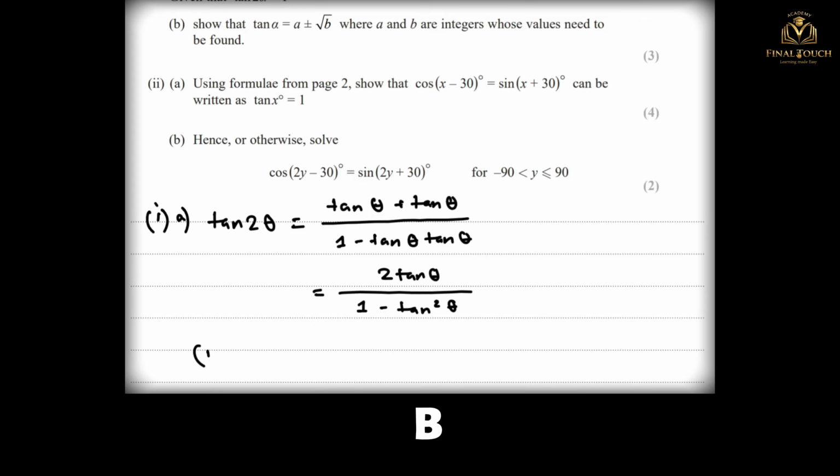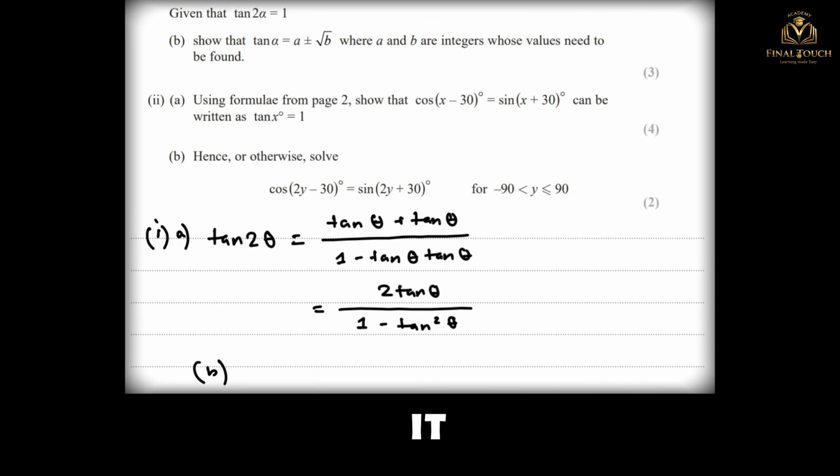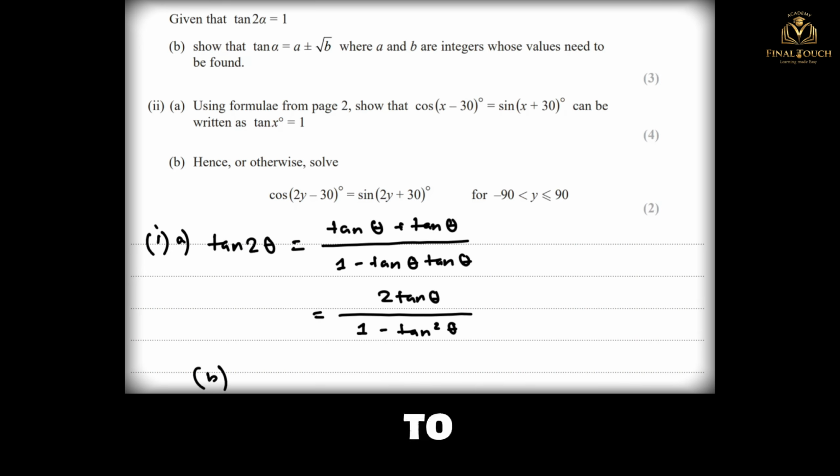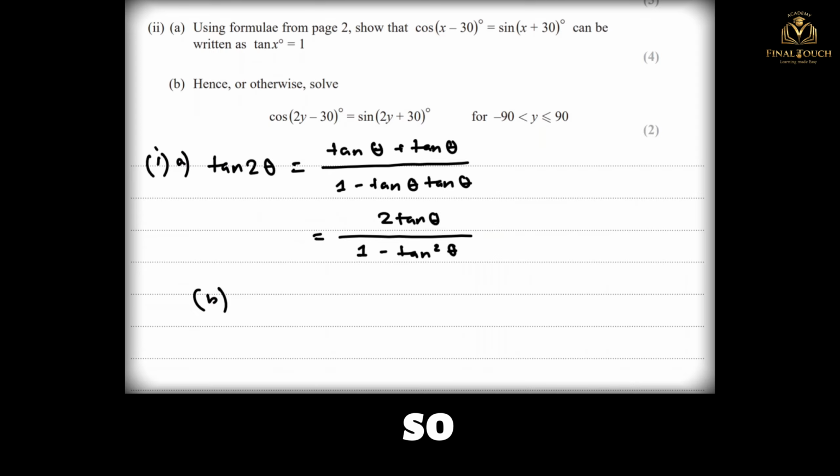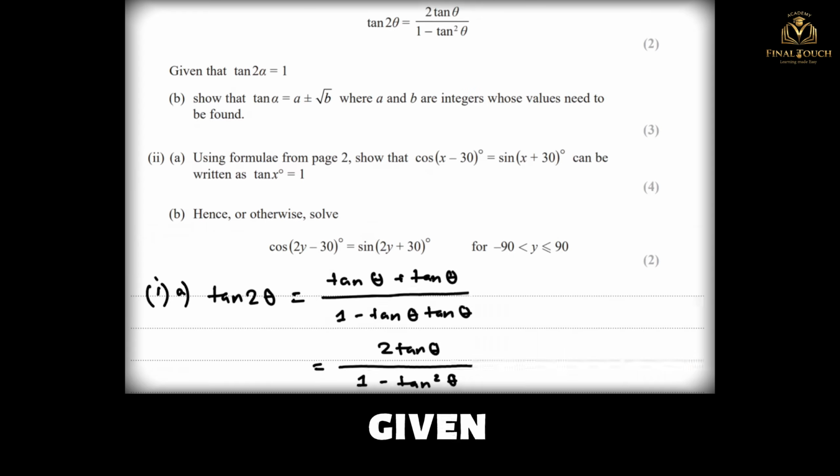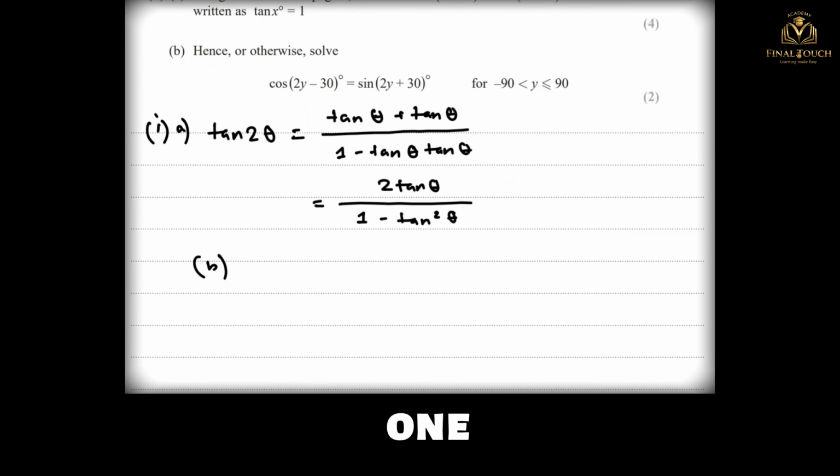For part B, it tells us given that tan 2 theta is equals to 1, show that tan theta is equals to A plus minus root over B, where A and B are integers whose values need to be found. So it is given that tan 2 alpha is equals to 1.